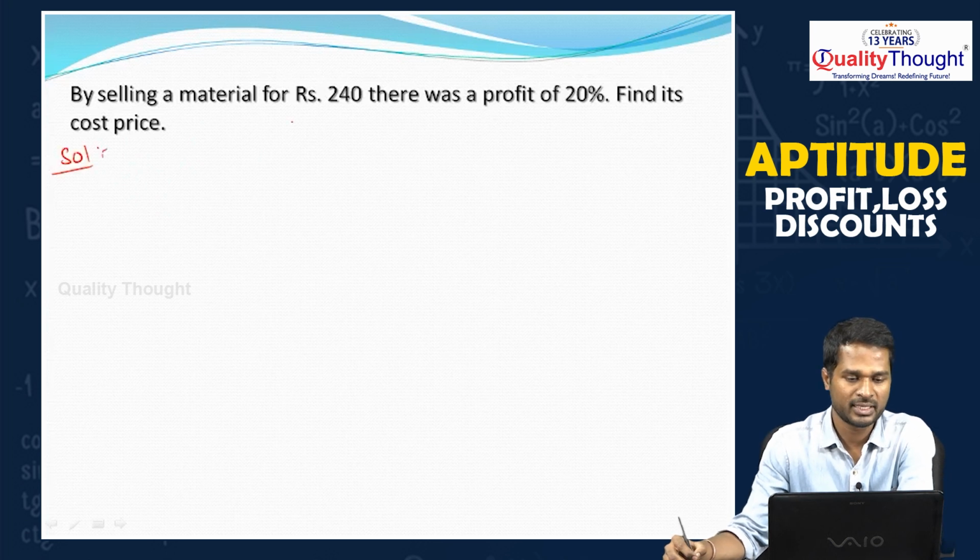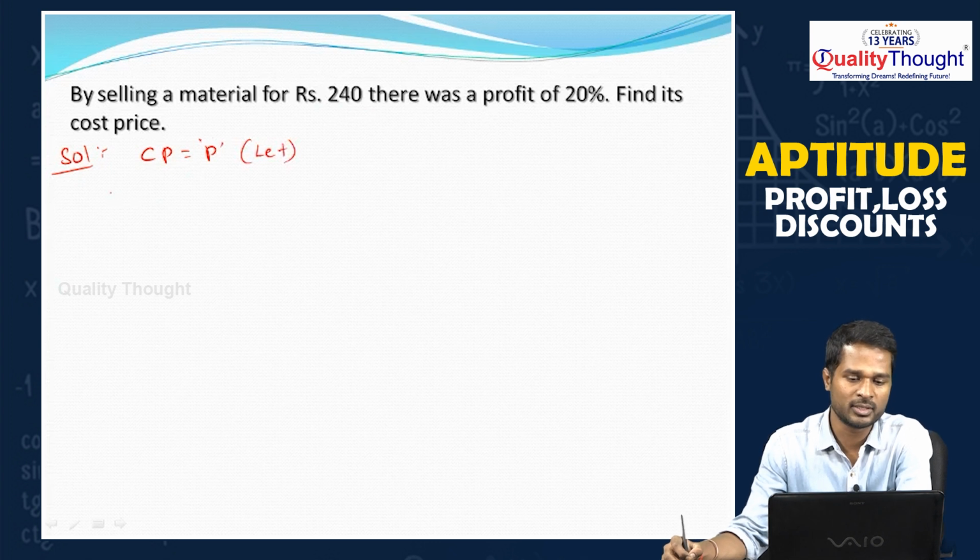Let us see how we can solve it. Whenever we have the selling price and profit percentage, we can use any method; there are n number of methods, and you can use the formulas. Let us see a different method. Let us take the cost price as P. Then how did he sell it?